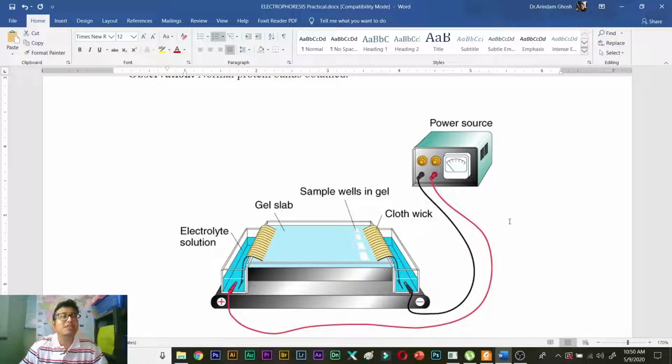I will be showing you that automated electrophoresis only, where you don't need to apply this filter paper, okay, because we will directly dip the gel in the buffer in which the electrodes are dipped. So let us say I will show you both agarose gel and protein electrophoresis also. So I think it will clear your cloudy concepts.